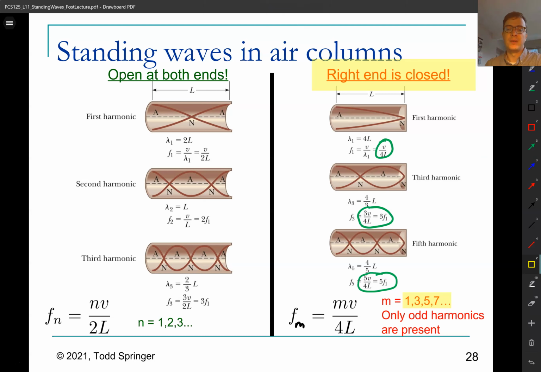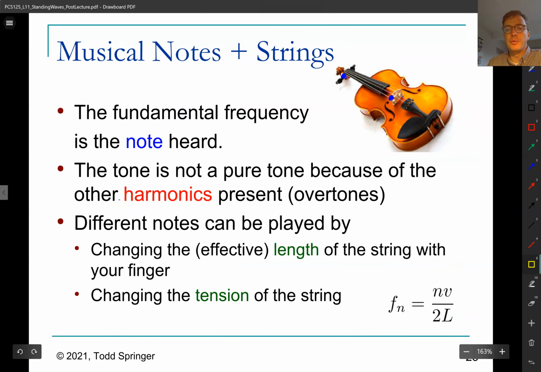These formulas are straightforward enough to use. The challenge here is just to remember: under which circumstances do I use which one? For a string with both ends fixed, I have this equation. If a pipe is open at both ends, I also have the same equation.